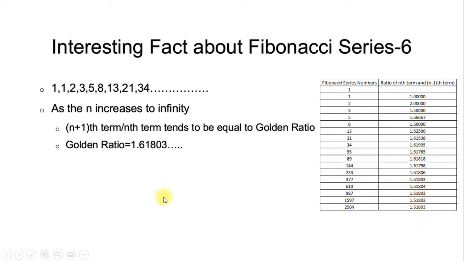So this ratio is called the golden ratio. Now this ratio has some properties, and it is replicated in many ways in nature. So it's a very interesting ratio. We'll discuss this in the next video.